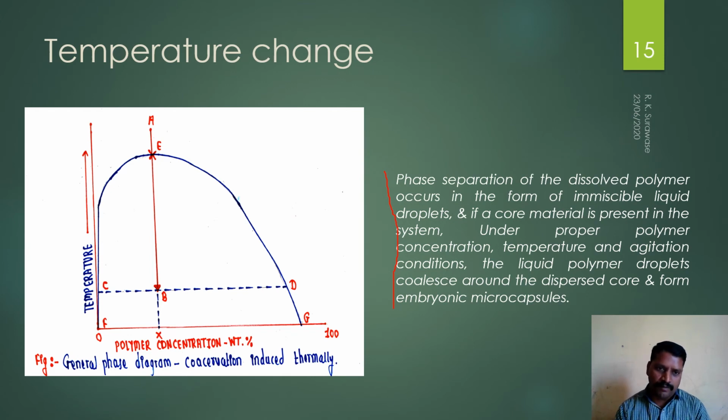Above the binodal curve F, E, G, a single phase, means ethyl cellulose will get completely solubilized in cyclohexane.